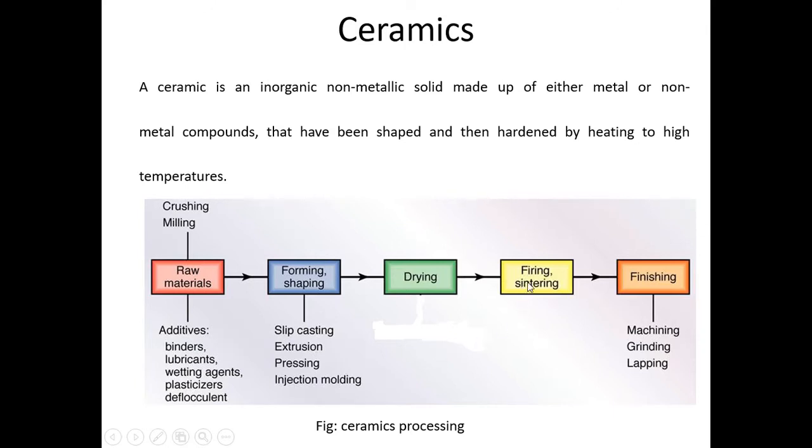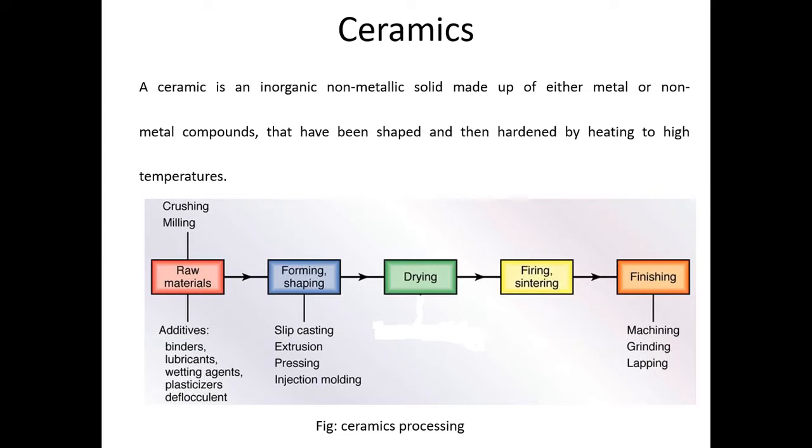Prior to firing and sintering, ceramics are often heat treated at a temperature well below firing temperatures. The purpose of this thermal processing is to provide additional drying, to vaporize or decompose organic additives and other impurities, and to remove residual, crystalline and chemically bound water.